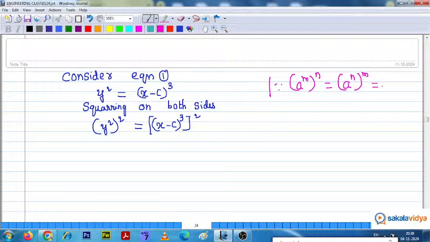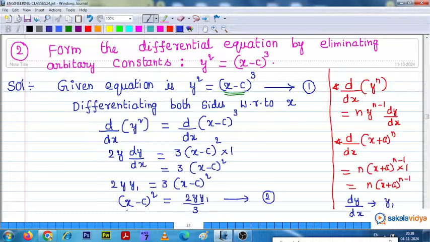Both are equal to a raised to mn. So y to the power of 4, and this can be written as x minus c whole square whole cube. But we have here, go back, x minus c whole square is equal to 2y y1 by 3.